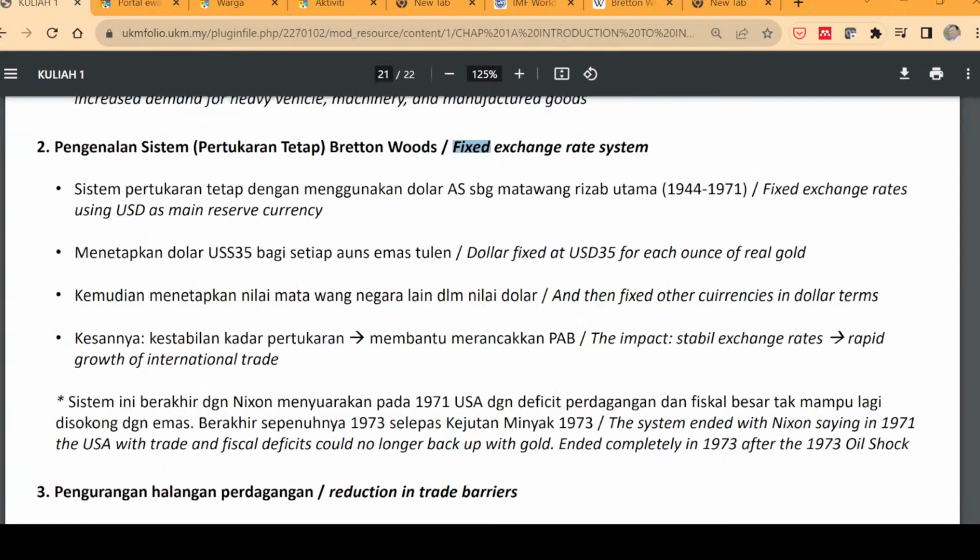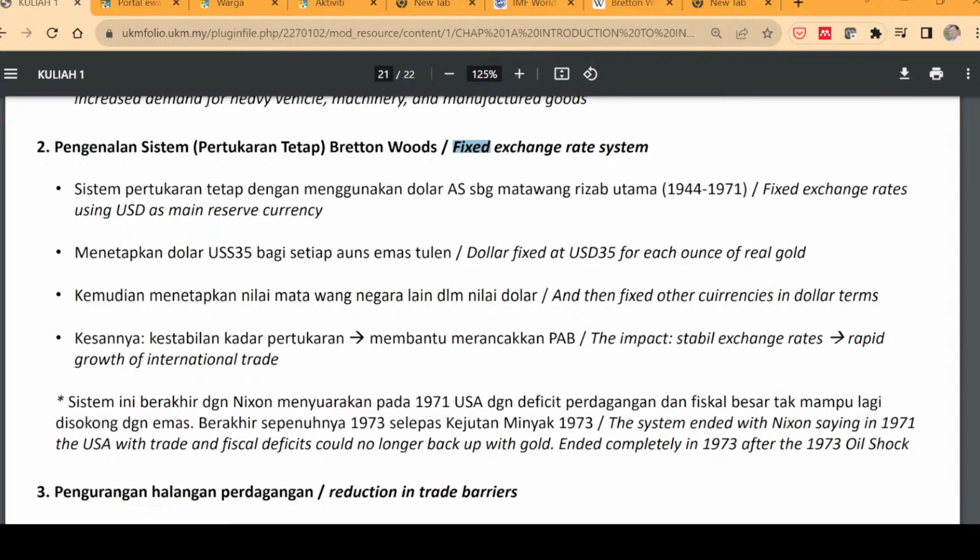Without a fixed exchange rate, there are going to be uncertainties in terms of what exporters will be getting for their exports and what importers will be paying for their imports. Uncertainty because of changes.